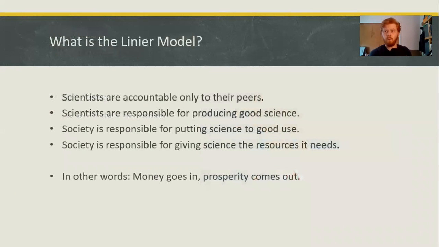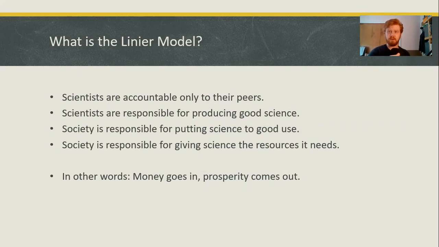So what is the linear model? This is something that comes out of Briggle and Mitcham and is very much the case in the Bush reading that went along with it. The idea basically is that this is a model for the relationship between science and society: scientists are accountable only to their peers. Scientists are responsible for producing good science.